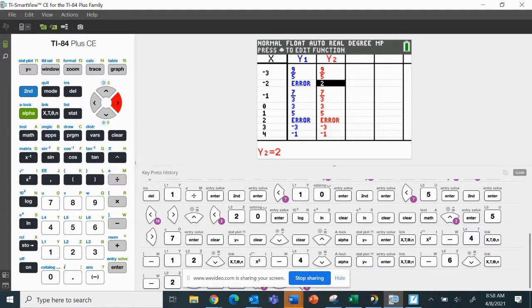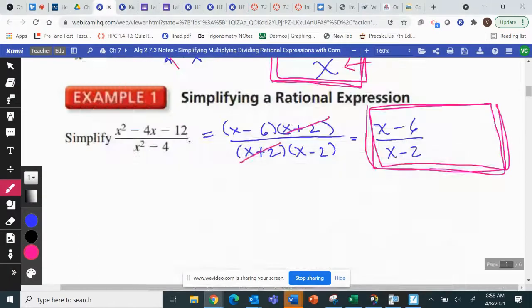Let's look at the original work. At -2, the first equation has an error. The second equation has an answer when x is -2. They both have an error at +2.